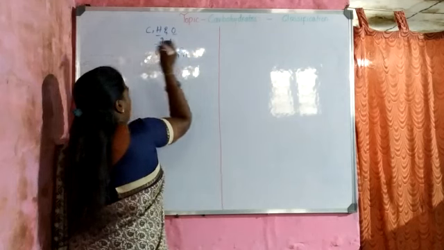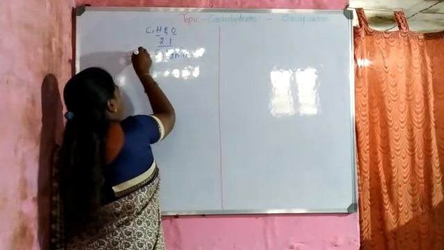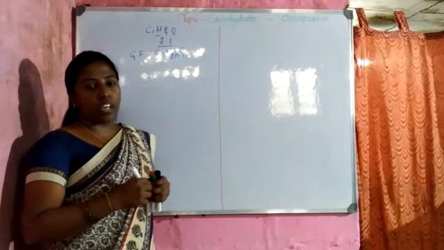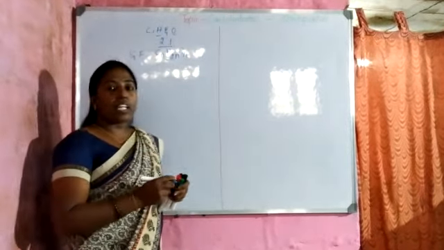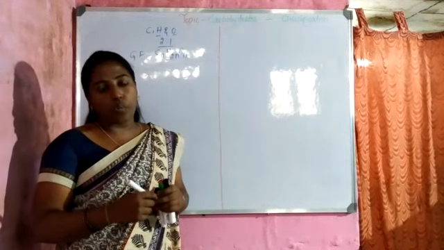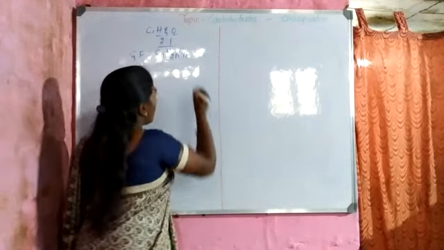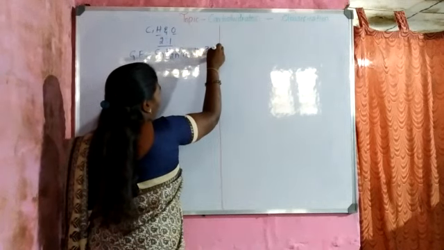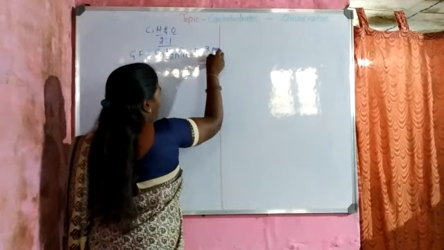The general formula of carbohydrates is CnH2nOn, where the value of n is 3 or more than 3.